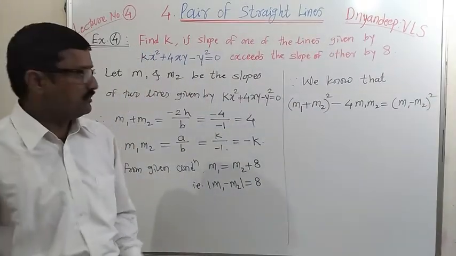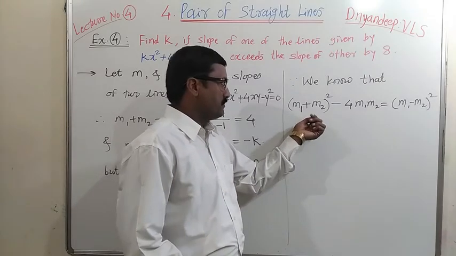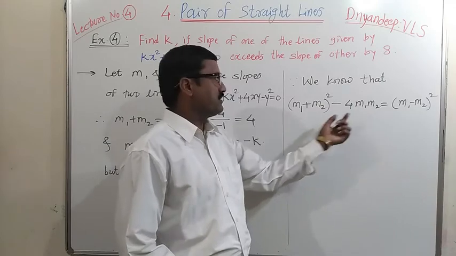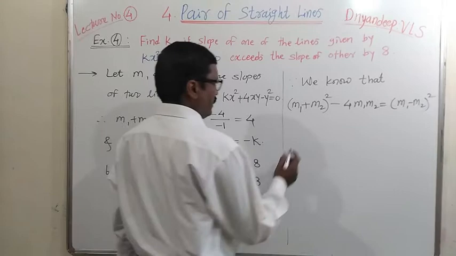We know that identity because (m1 − m2)² gives us m1² + m2² minus twice m1 m2. That is m1² + m2² plus twice m1 m2, and minus 4 times m1 m2 gives us minus twice m1 m2. It will use this (m1 − m2)².